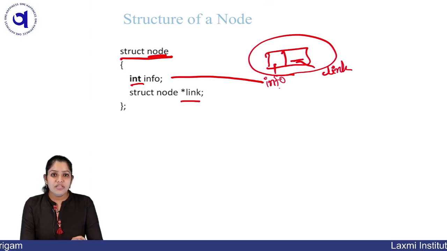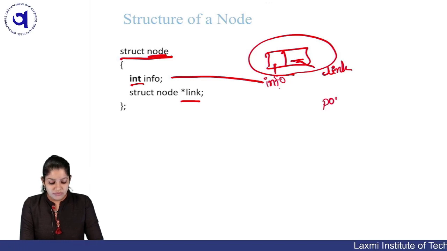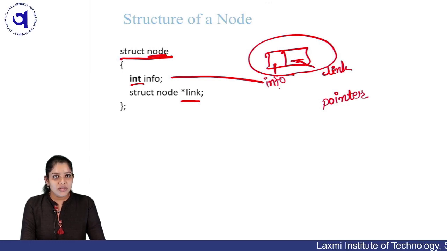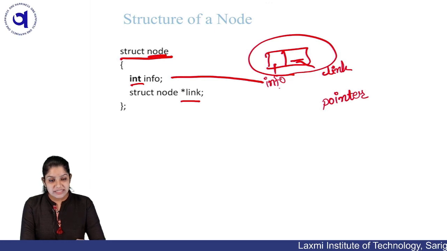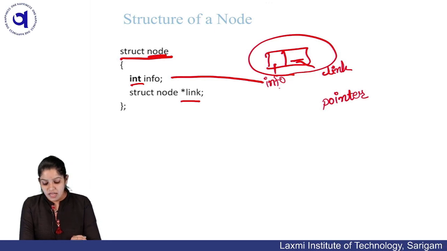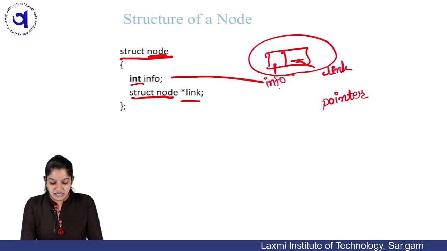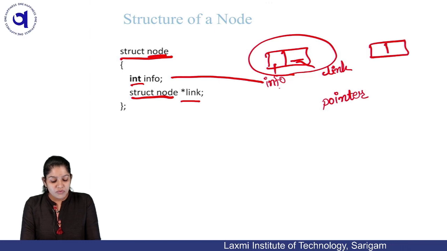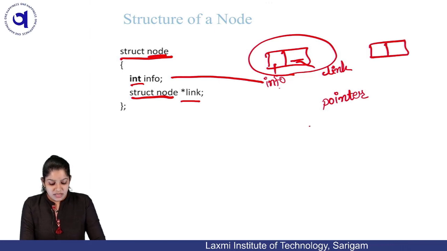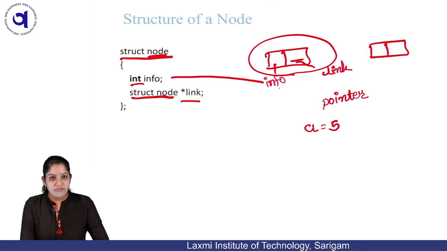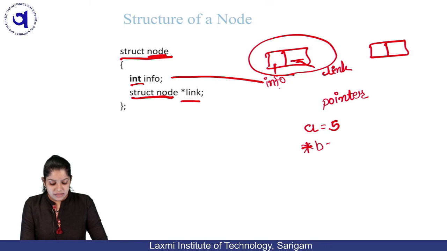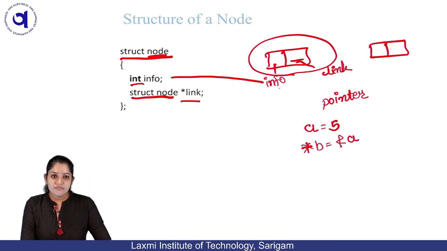Why? Because wherever we use an address, we use a pointer variable. As you know, a pointer stores the address of another variable. So here we use a pointer variable, link, and we write star link. It is a pointer variable, and it points to another node only. Usually, suppose I have a equal to 5, and I create a pointer star b that stores the address of a.